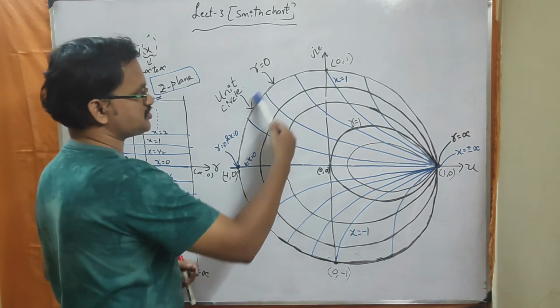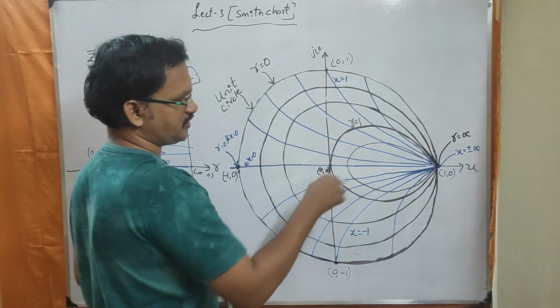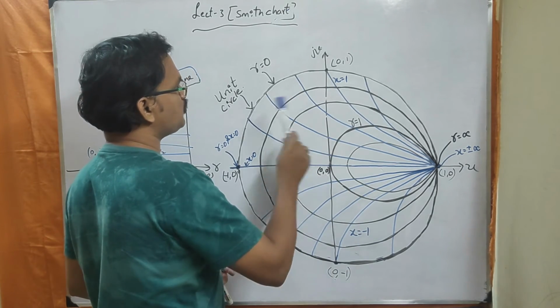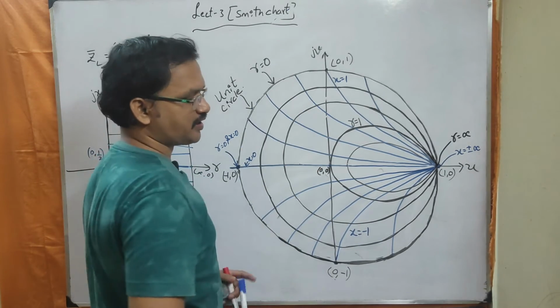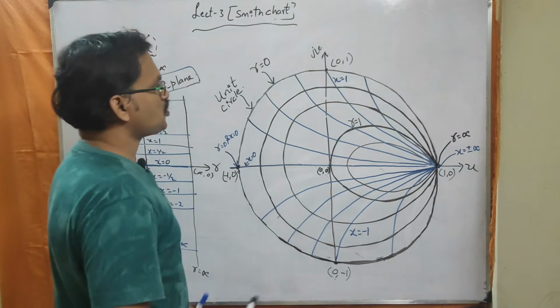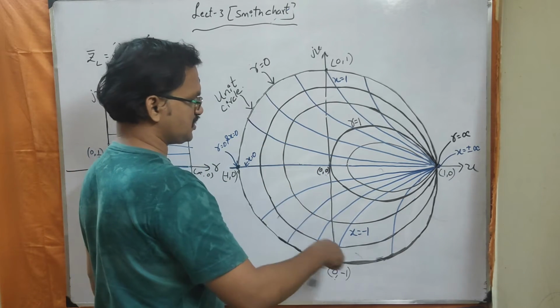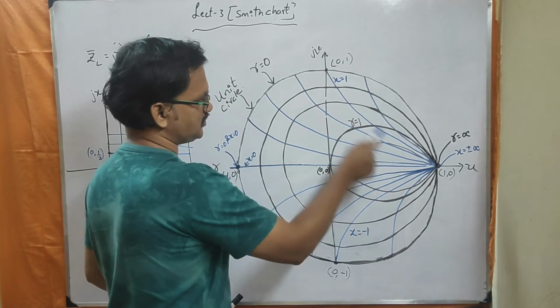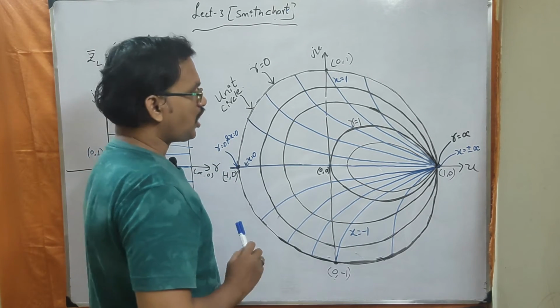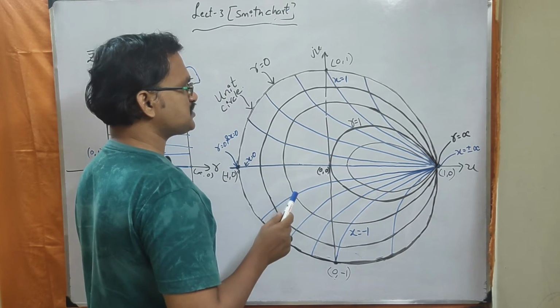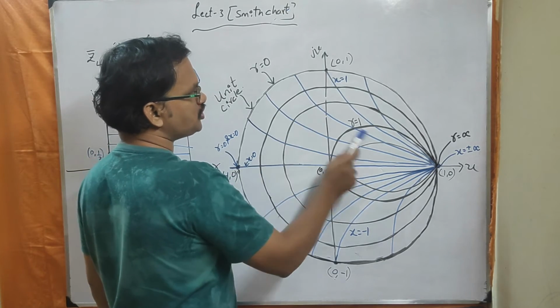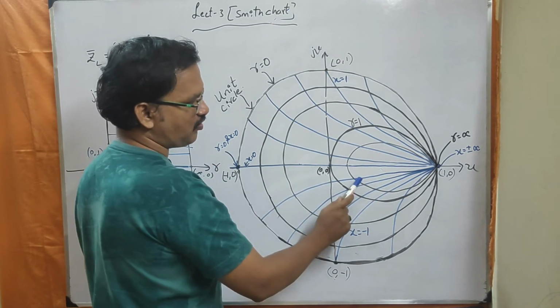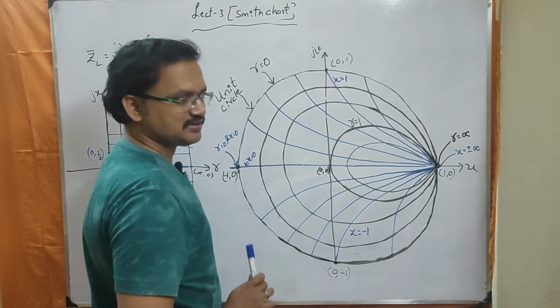Then we got these constant resistance circles and constant reactance circles, and we have superimposed them. Okay, so I have represented constant resistance circles with black color, and constant reactance circles with blue color. Now if you observe, I have represented only a portion of the reactance circles. I have not represented the complete reactance circle.